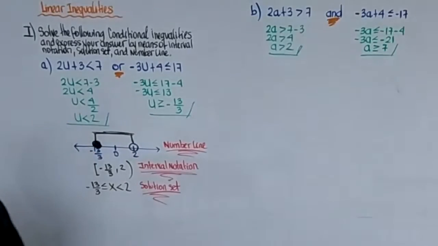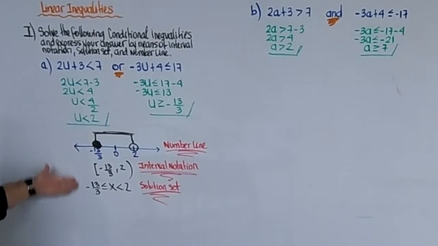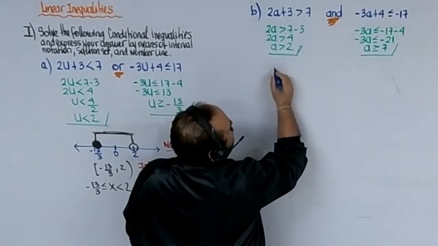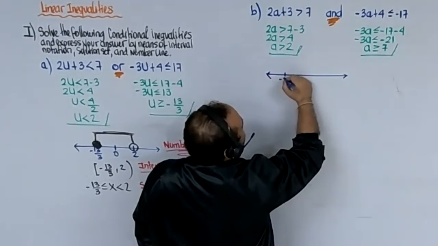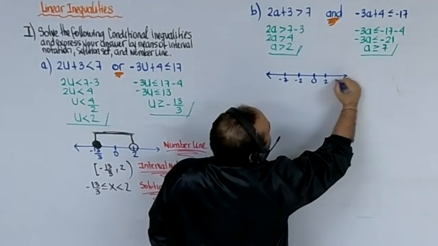Now it's time to provide the answers. First of all, I strongly recommend starting from the number line, because it will be easier for us to determine the interval notation and solution set. Okay, we have the number line. We can graph 2 and 7.